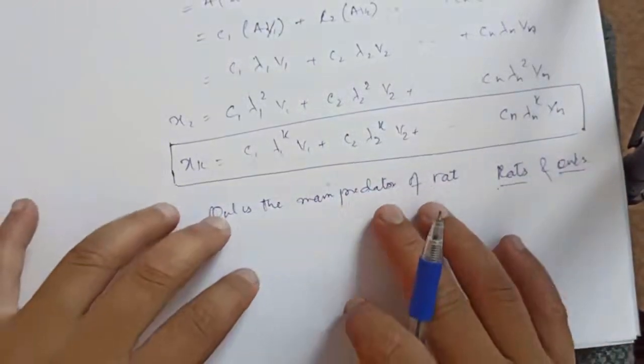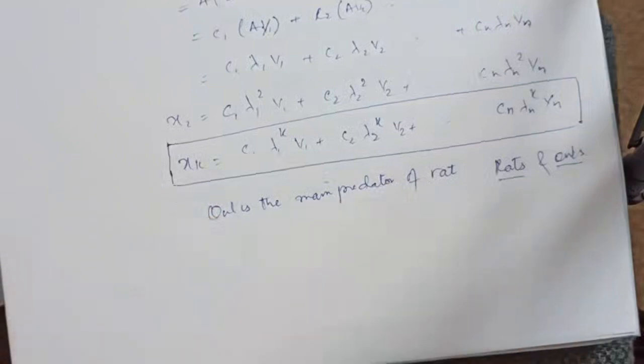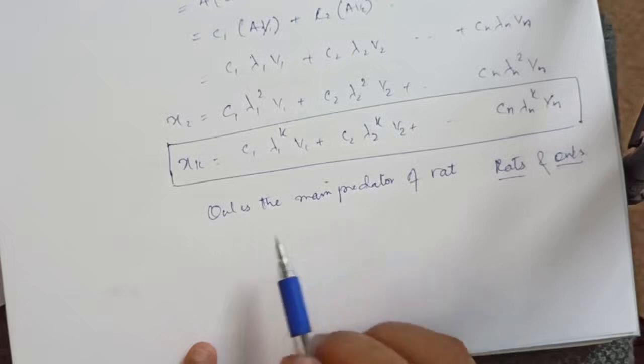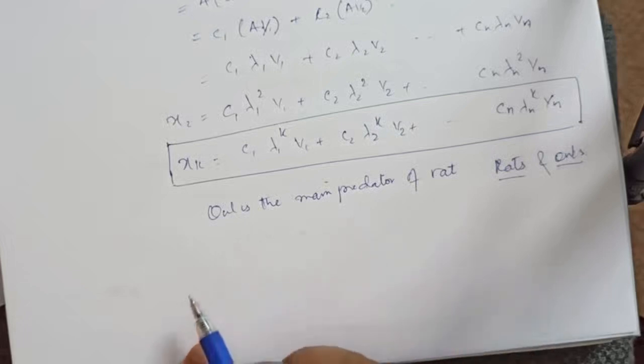Now we have an equation that models the dynamics of the population of owls and rats in the jungle.